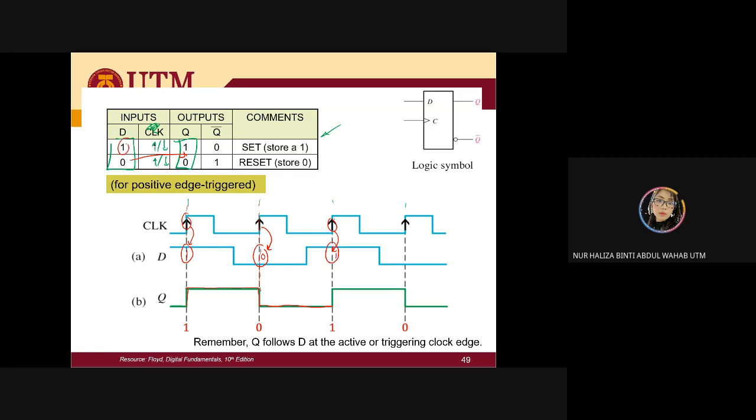If D is 1, your Q will be 1, similar to your latch. So you go for 1 and continue until your next positive clock. Now for this line, your D equals 0. If 0, it is going to be 0 also. So this is your final wave for your flip-flop.